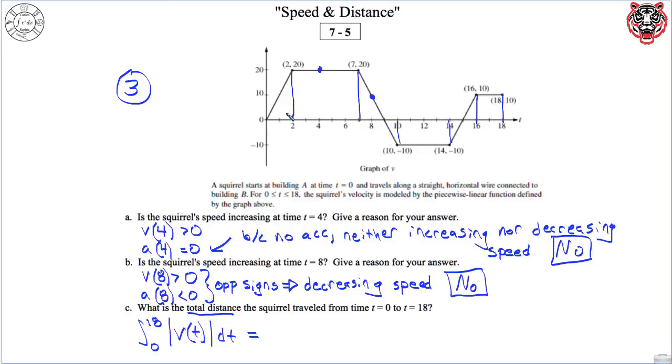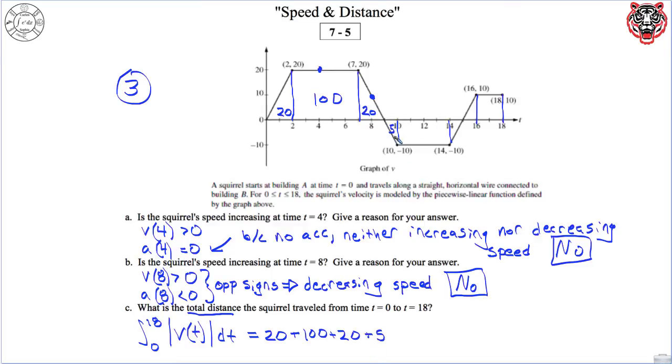2 by 20, that's going to be 20, so I'll add the 20 down here. This is going to be 1, 2, 3, 4, 5 by 20, so that's going to be 100. So we're going to do plus 100, and this is the same triangle, so plus 20, plus 20. This is going to be a 1 by 10 divided by 2, so that's going to be a 5. So plus 5.